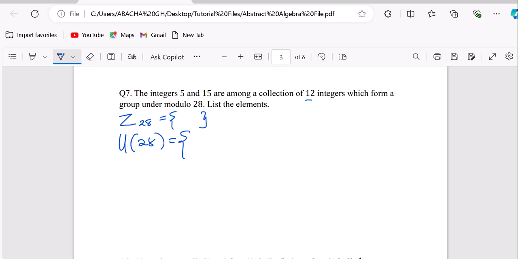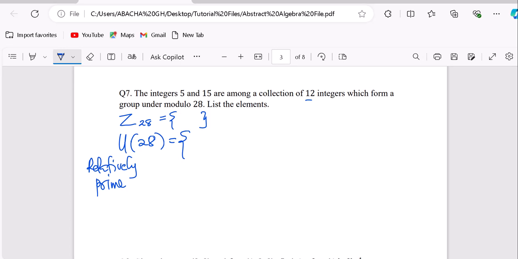The group under multiplication consists of all the elements which are relatively prime to 28. By now you should be familiar with the word relatively prime. When we say relatively prime, it means that if you have two elements, the only common factor between them is 1.